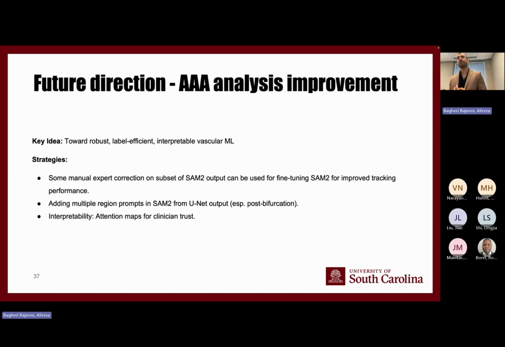And for AAA analysis, or aneurysm analysis, we can take a subset of the output of SAM2 and have an expert correct the output and use it to fine-tune SAM2. And I'm sure it's going to make SAM2 perform better for segmentation. And we can also add more regional prompts from the UNet to SAM2 for better performance.